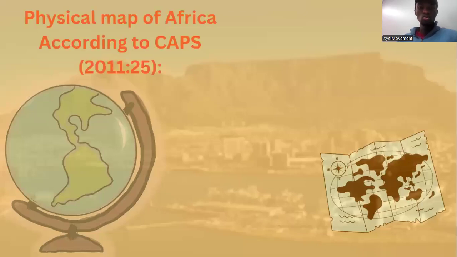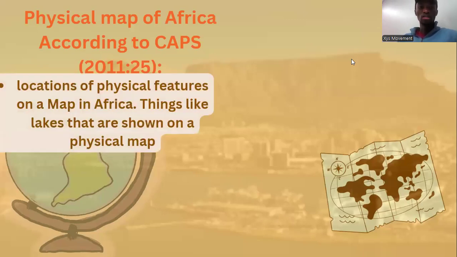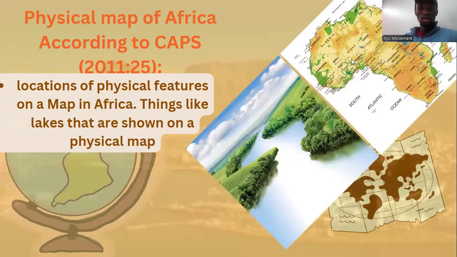The third topic that we will look at under map skills is the physical map of Africa. Under the physical map, you look at the location of physical features, things like lakes, rivers and mountains. As you can see, here is a wonderful picture of a physical map.